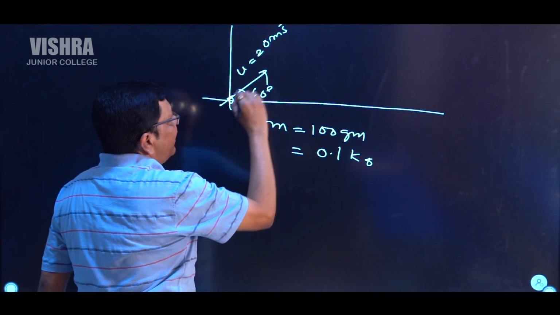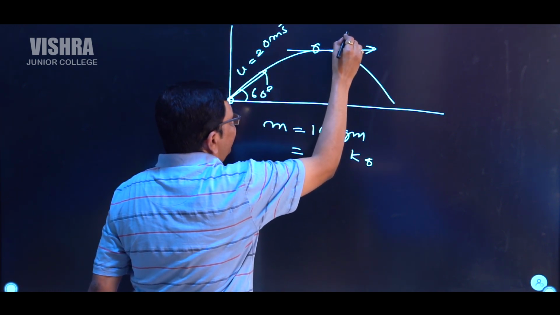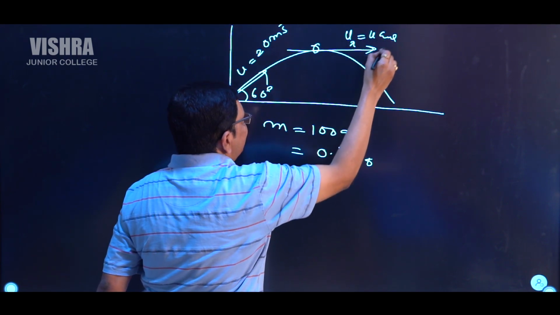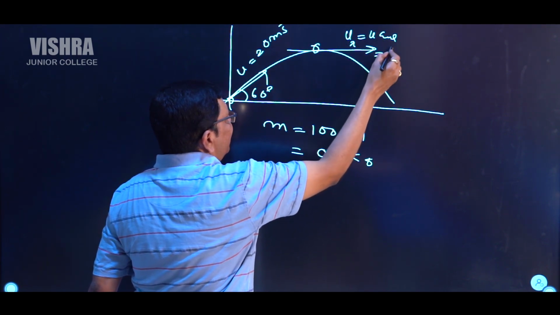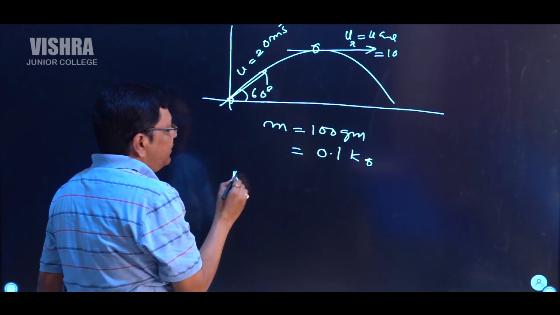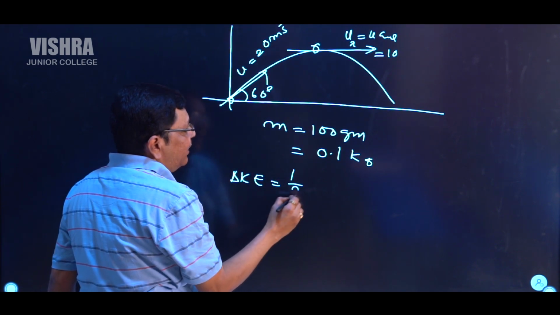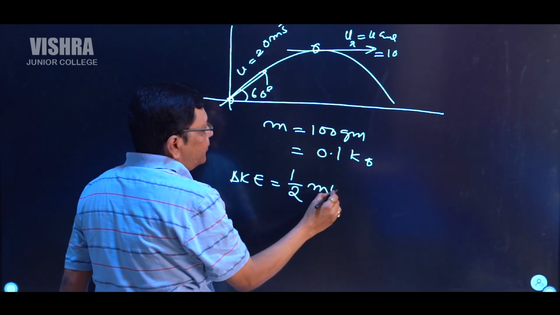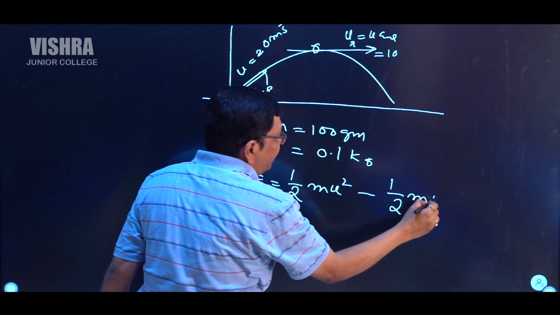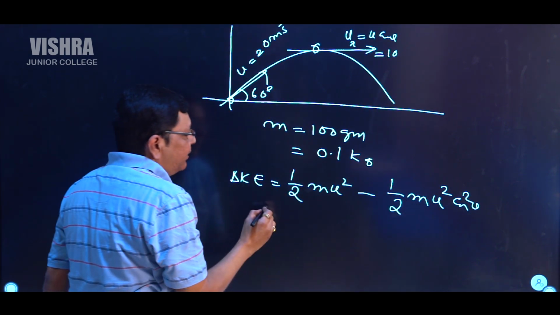When it reaches maximum height, the mass remains the same, the y component of velocity becomes 0, and only the x component exists, that is u cos theta, 20 multiplied by cosine 60, which is 10 meters per second. So the change in kinetic energy is the initial kinetic energy, half m u square, minus the kinetic energy at maximum height, half m u square cosine square theta.